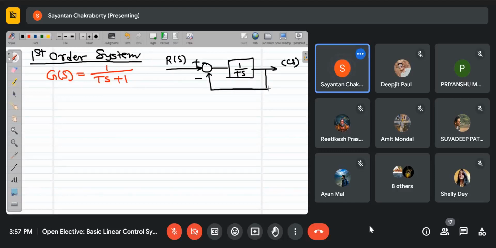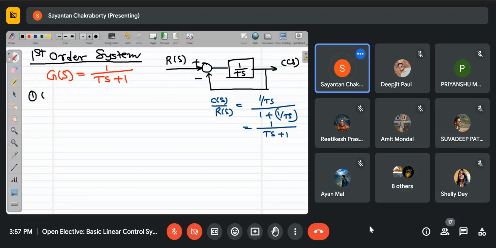So what is the transfer function? C(s) by R(s) is 1 by Ts over 1 plus 1 by Ts, the Ts is multiplied for, that's fine. Now let us consider each and every input one at a time.